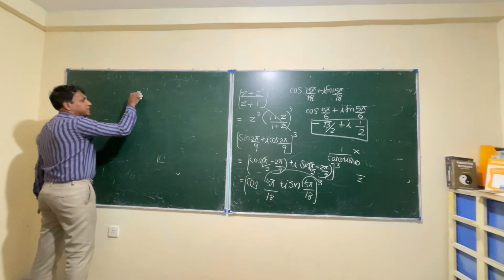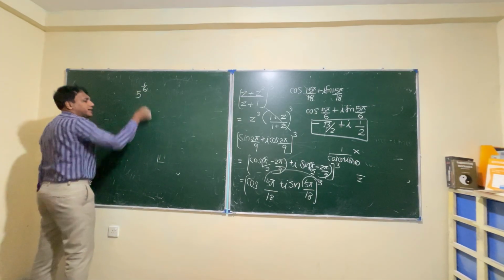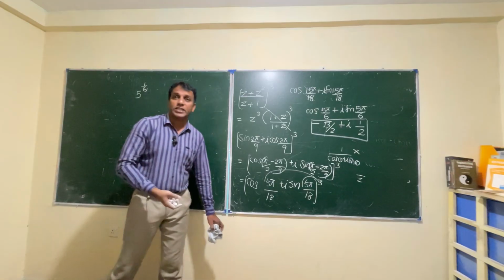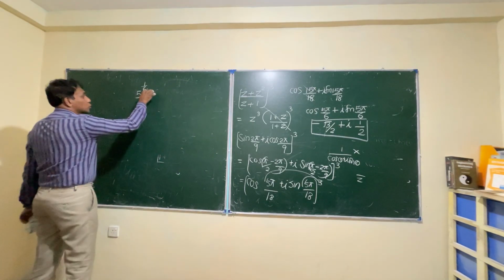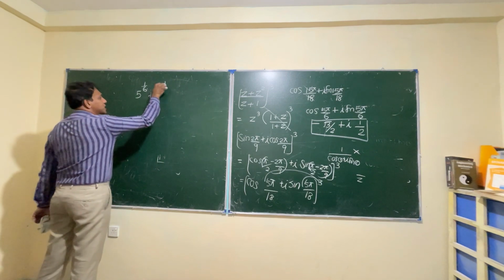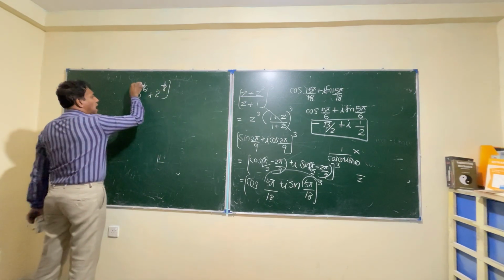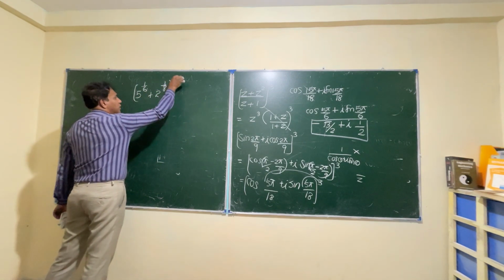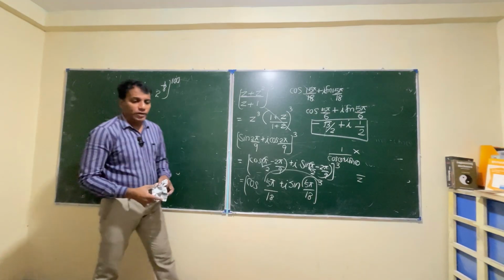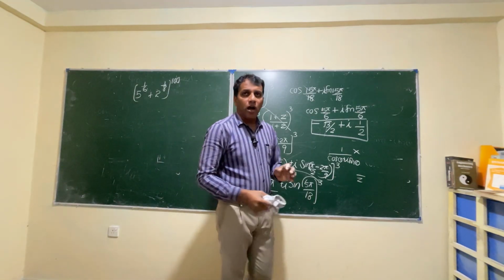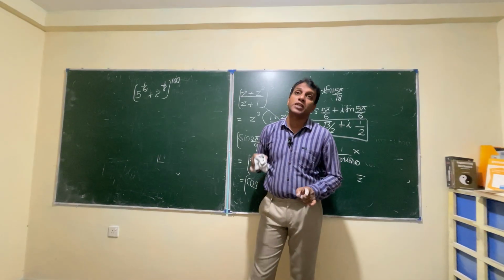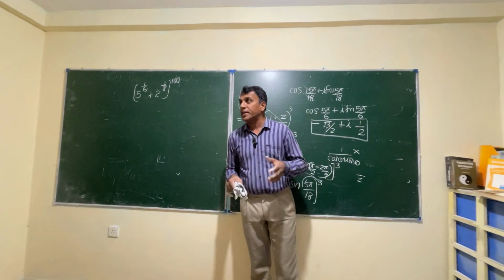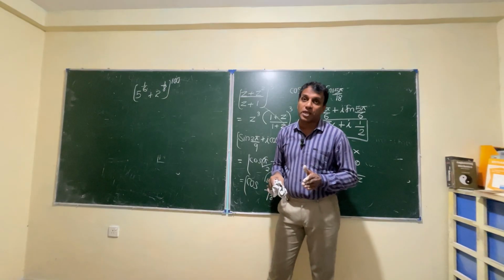This problem is there in the thumbnail or the YouTube banner or my advanced level maths groups: (5 to the power 1 over 6 plus 2 to the power 1 over 8), power 100, right? So when you expand this, how many terms are there? 101 terms are available, no? If you expand this, there are 101 terms.